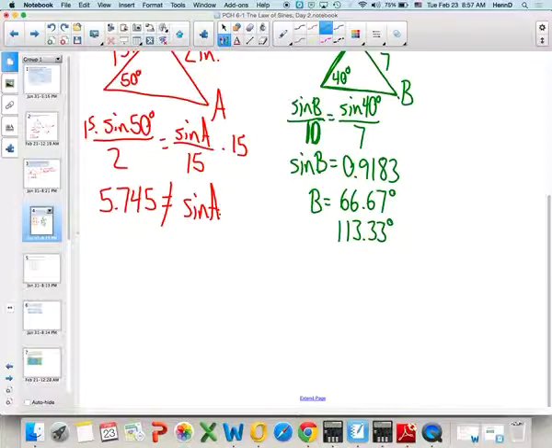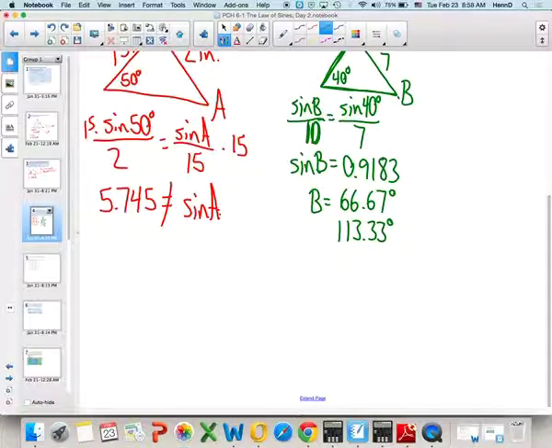So it's possible that I have this acute angle. It's possible that I have this obtuse angle. Now, before you just jump to the conclusion that there are two possible solutions, you need to consider if this is actually possible. The acute one will be possible.